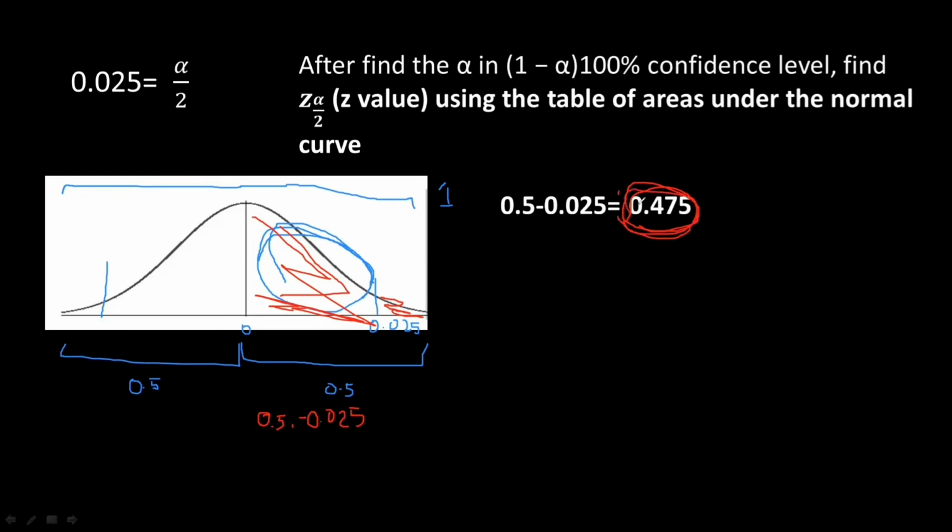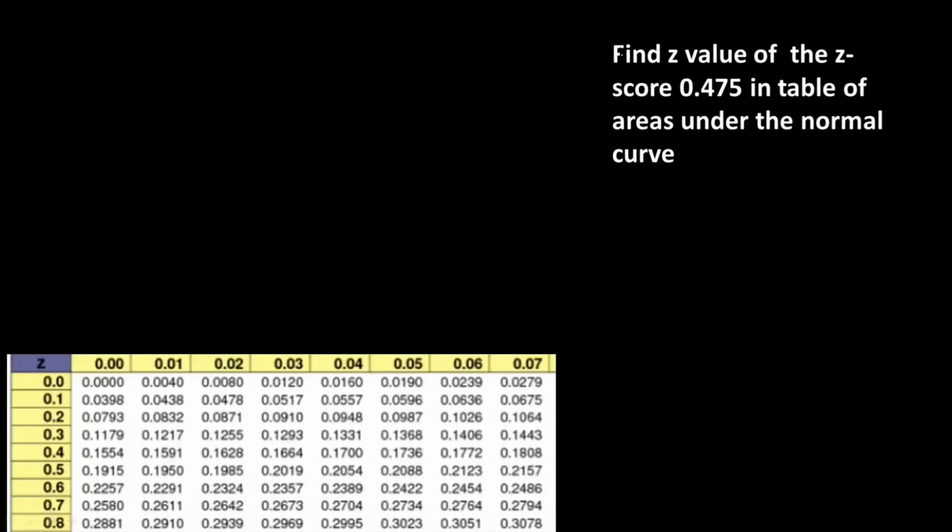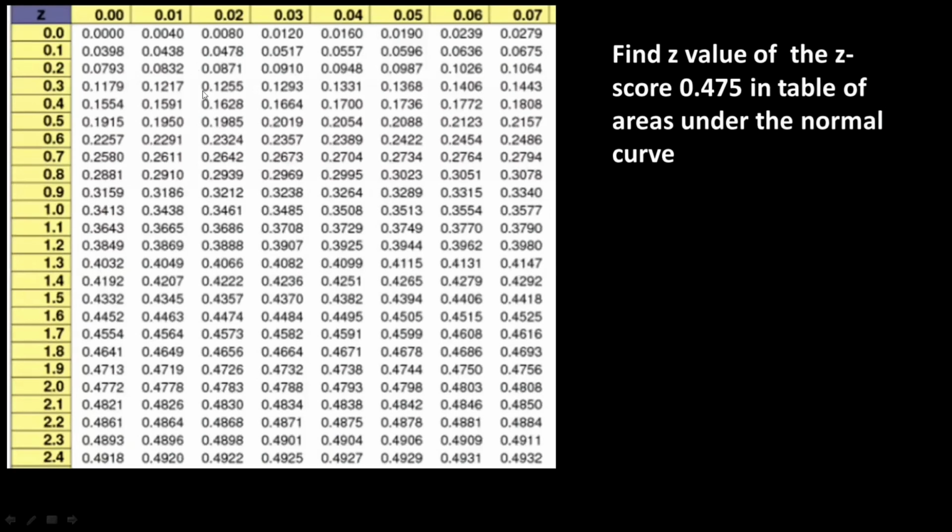So, ngayon, magpo-proceed tayo sa ating table ng areas under the normal curve. So, sa table natin, ayan, find the z-score of 0.475 in the table of areas under the normal curve. So, dito po, kung yung dati, ang hinahanap natin ay yung 2-digit and then yung 3-digit dito. Ngayon po, ang hahanapin natin na 0.475 ay yung ating area.